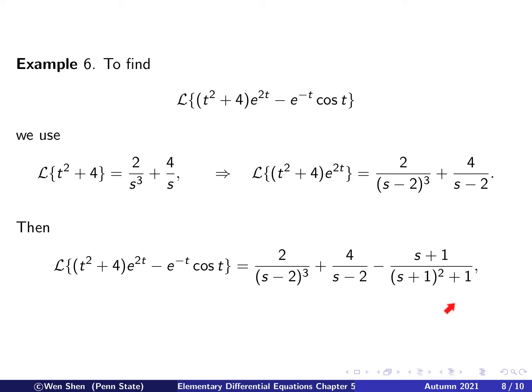So that is for the second term, and for the first term we figured it out here. So the whole thing will be just adding these 2 results up. The first 2 terms are for this function, and the last term is for this function. So you see, for such a complicated looking function, it basically takes 2 lines to work out the Laplace transform.